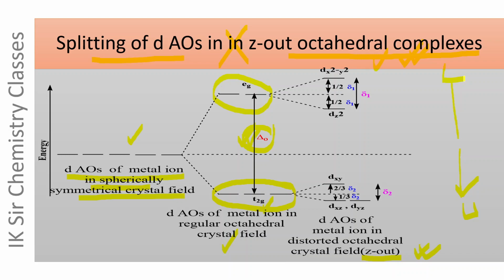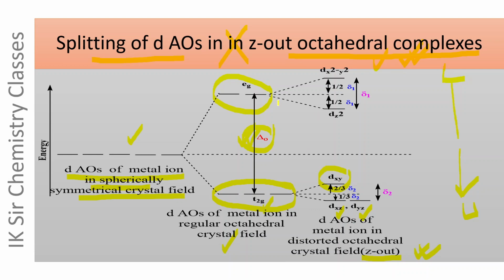As a result, the electrons present in atomic orbitals containing Z component experience lower repulsion, and hence the energy of orbitals dxz and dyz containing Z component decreases, while the energy of d atomic orbitals having no Z component increases.